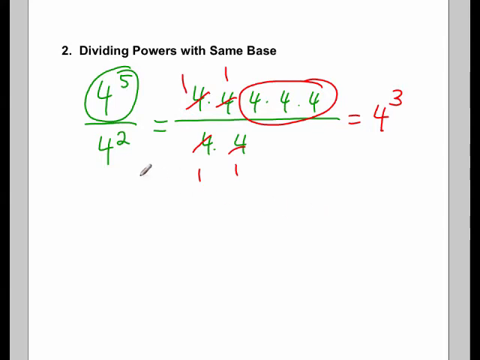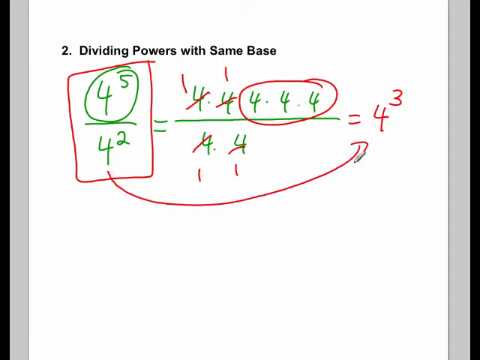And so you can see that the net result is that from my original question that had a common base of 4, I can get my answer in a faster way simply by subtracting these exponents, 4 to the 3rd.